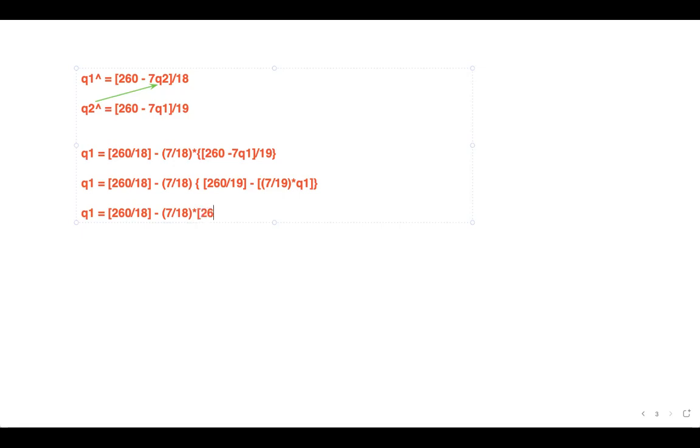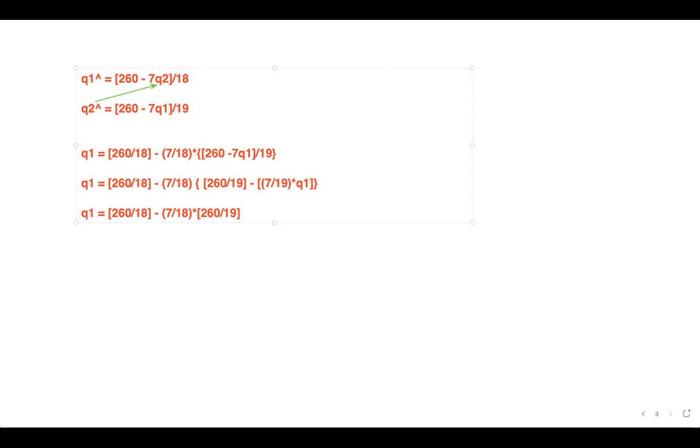And then notice we have a -7/18 and a -7/19. That's the part where things can go wrong pretty quickly if you miss a sign, so you have to be really careful there.